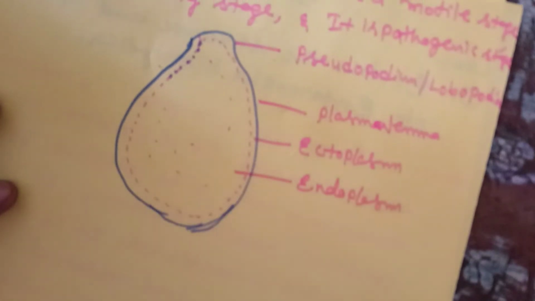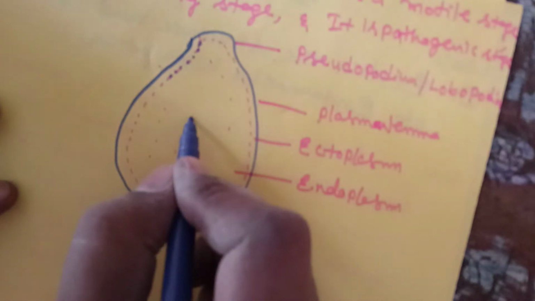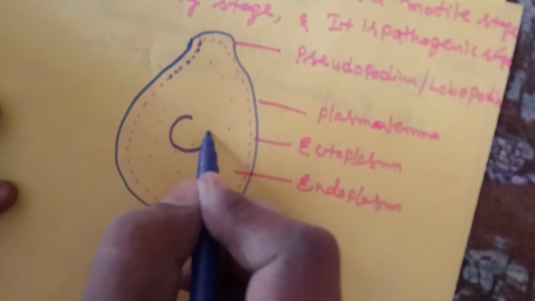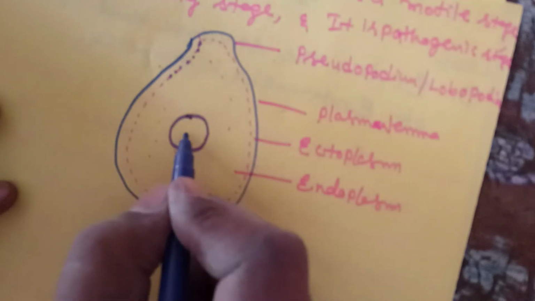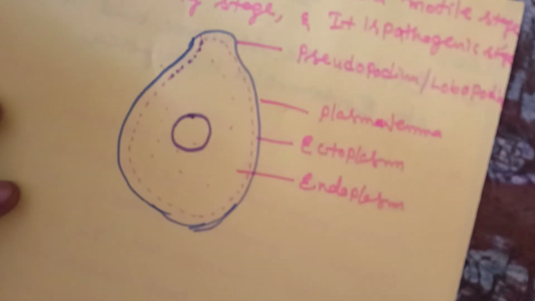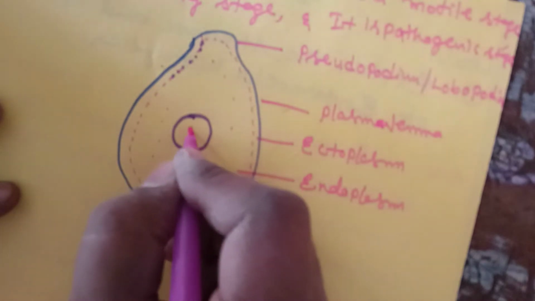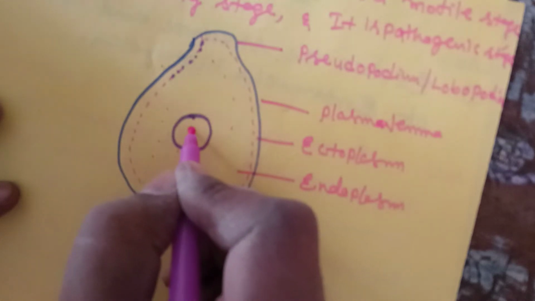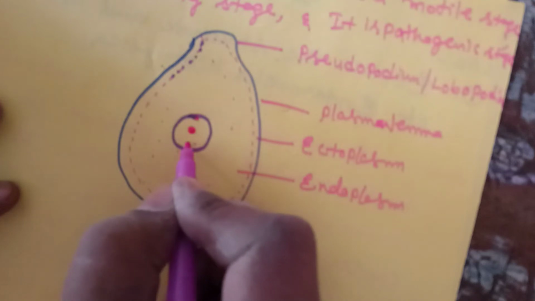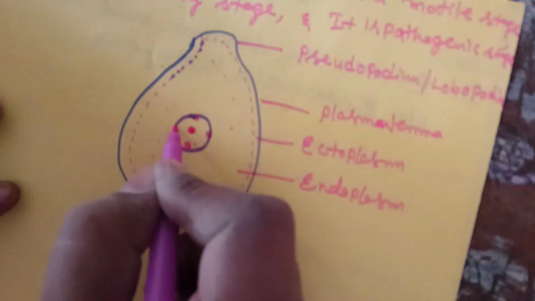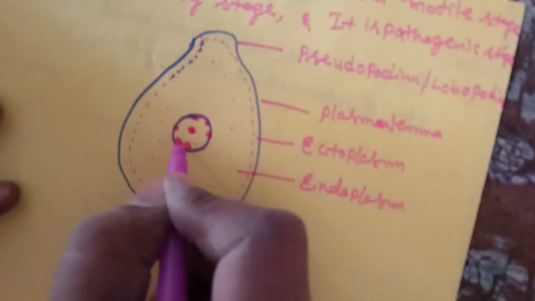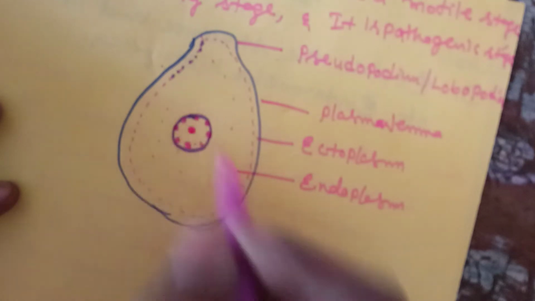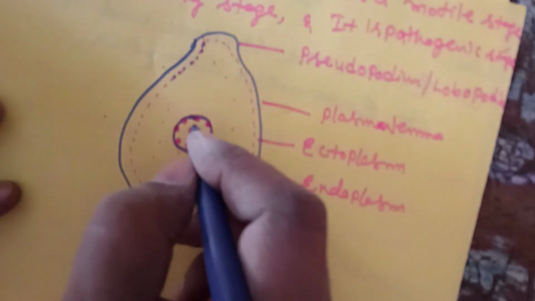Here inside is the nuclear membrane, and this is called the endosome. Many chromatin proteins are connected to radial spokes.